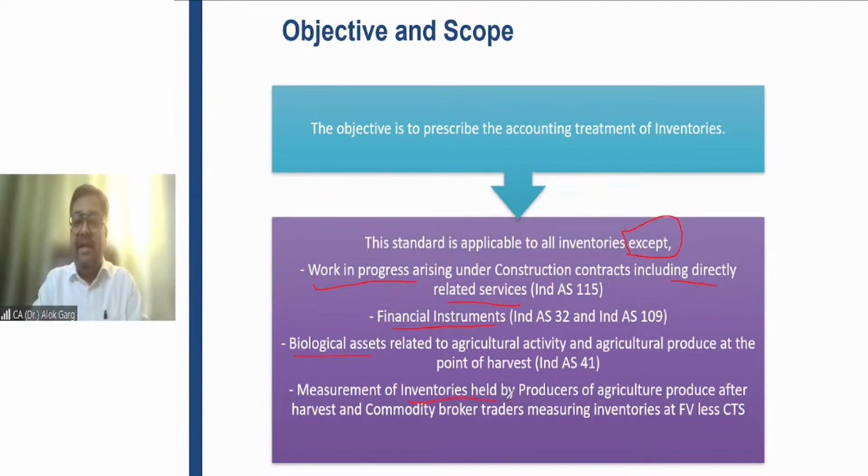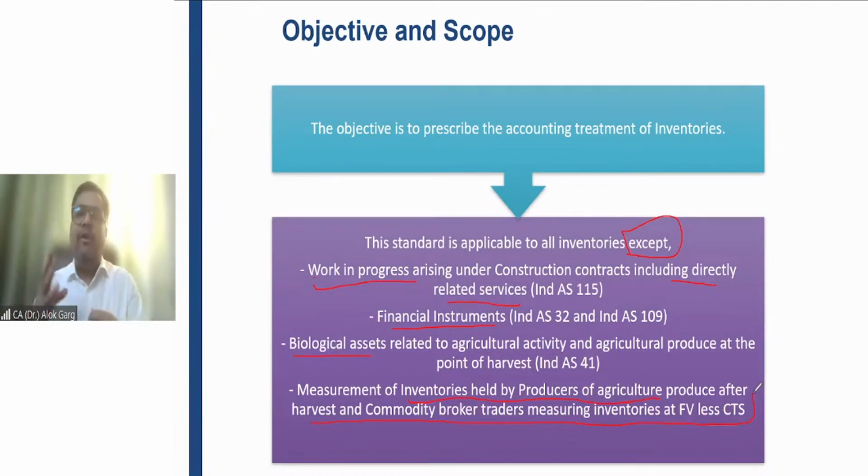Next, measurement of inventories held by producers of agricultural produce after harvest, and commodity broker-traders measuring inventories at fair value less costs to sell, right? What is meant by a producer of agriculture produce? For example, let's say Nestle or ITC has its own mango orchards.